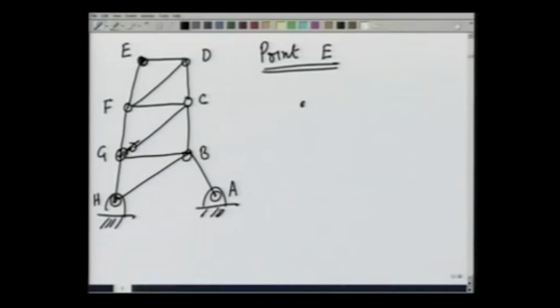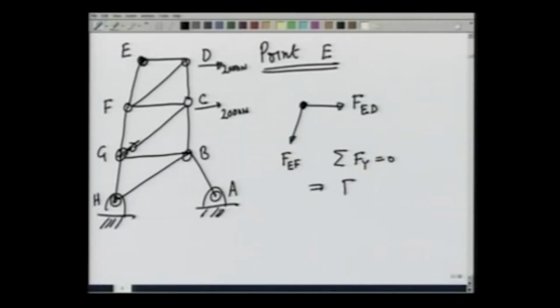At point E, there are only two forces. This is of course loaded with 2000 newtons each. There is a force, let us call it FED, and there is a force FEF. Right away, if I do summation Fy equals 0, this gives me that FEF sine of whatever that angle is should be 0, and therefore FEF is 0.